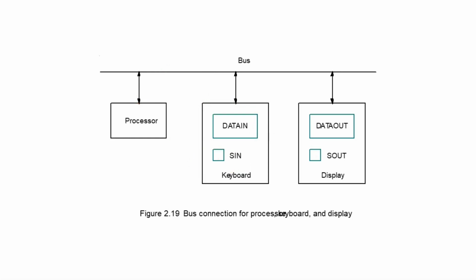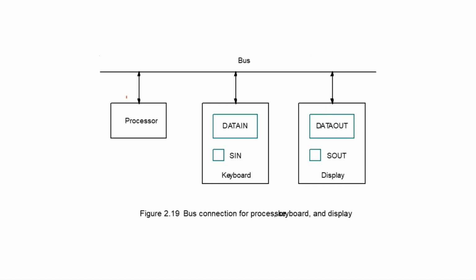Similarly for the display, the processor has some data that has to be transferred to the display in order to display on the screen. But the processor cannot simply transfer that data and place it in the display memory or display buffer, because the display cannot handle that data, because display devices are very slow when compared to the processor. So what does the processor have to do?